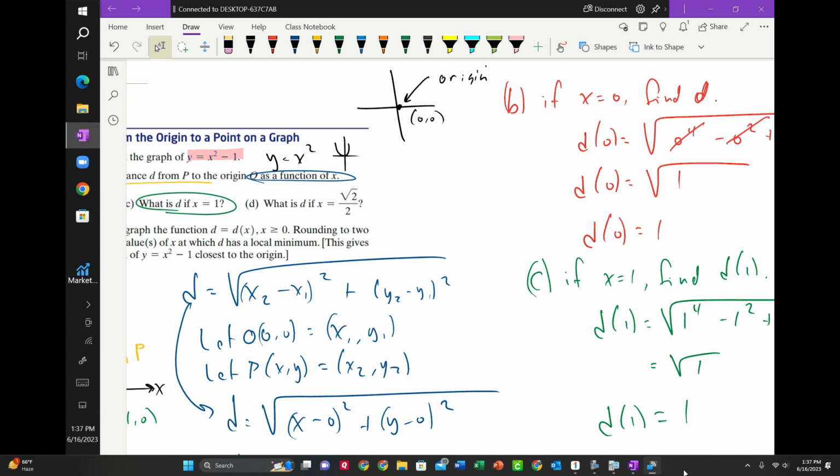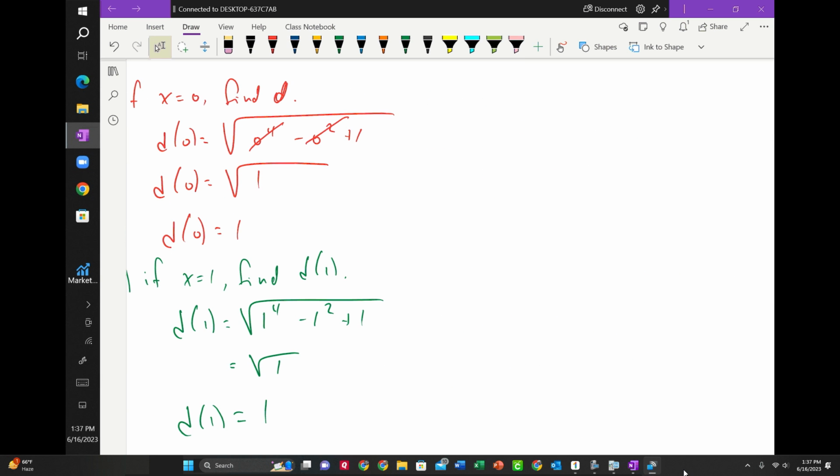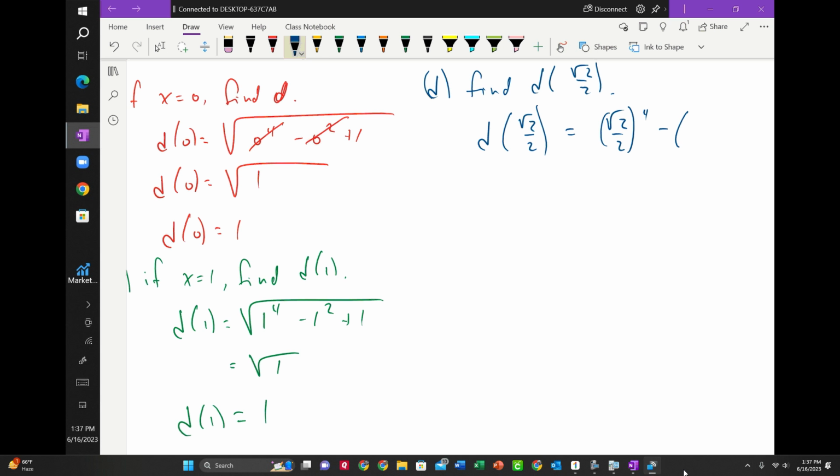And then our last example in this particular case, we're asking what is d if x is the square root of 2 over 2. Okay. So now we want to find d of the square root of 2 over 2. Well, distance evaluated at square root of 2 over 2 is going to be the square root of, square root of 2 over 2 to the fourth minus the square root of 2 over 2 squared plus 1.